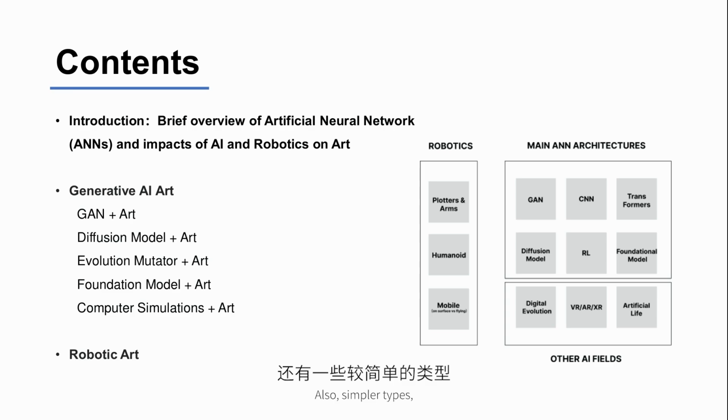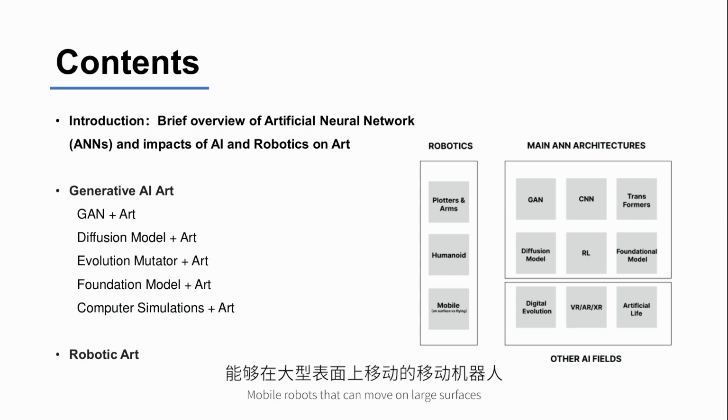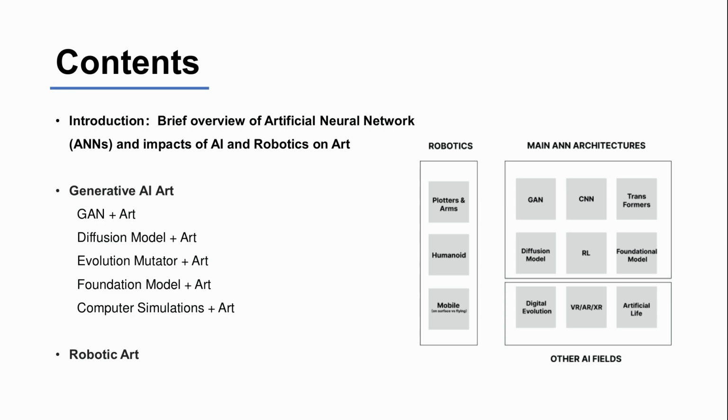Also, simpler type, sort of intermediate between plotters and humanoid robots, or robotic arms, mobile robots that can move on large surfaces and create very large artistic renditions. We also touch upon the world of virtual reality, and we'll have some examples in the exhibition.